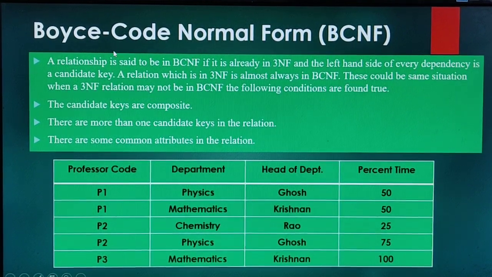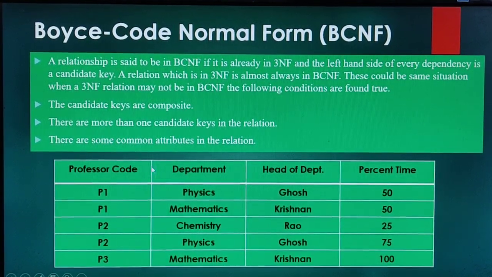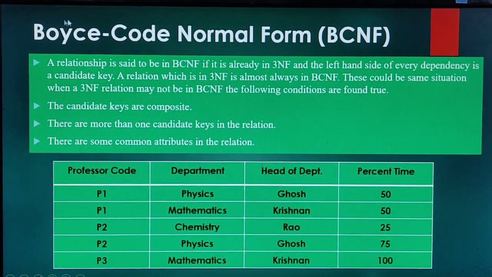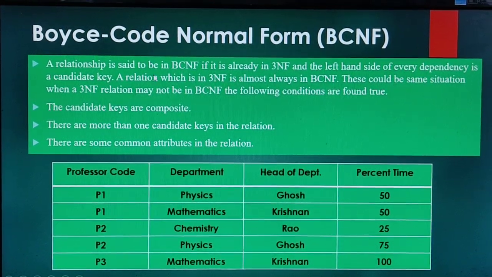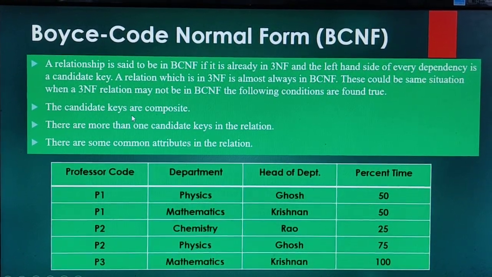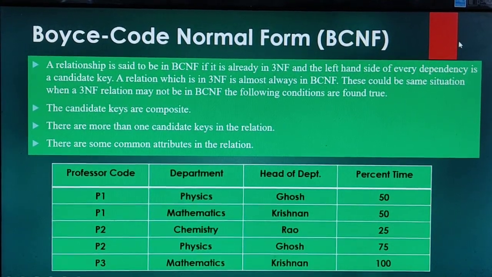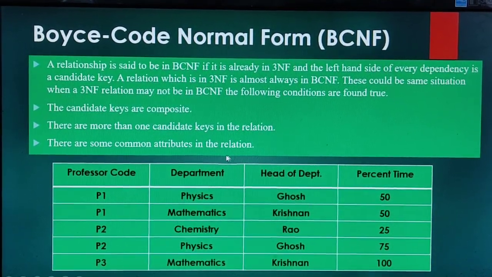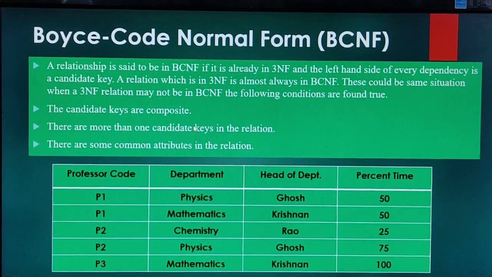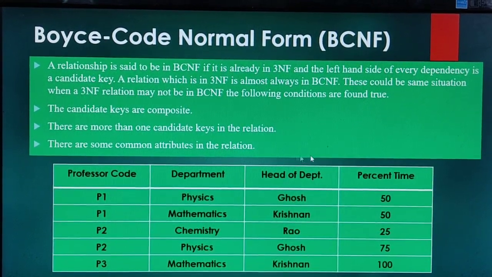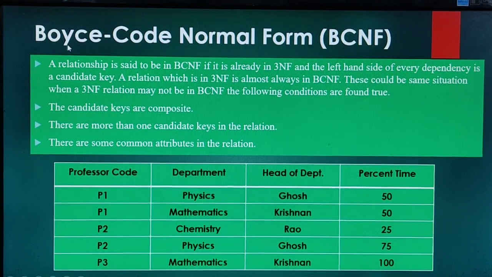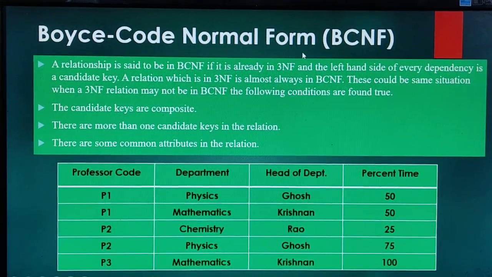Sometimes a relation may satisfy third NF and can move to fourth NF, but there may be some problems or anomalies in that relation, which can be handled in BCNF, Boyce-Codd normal form.